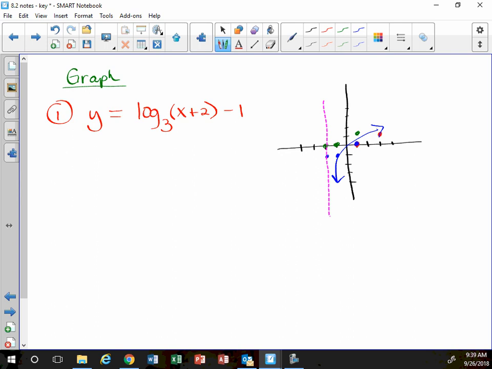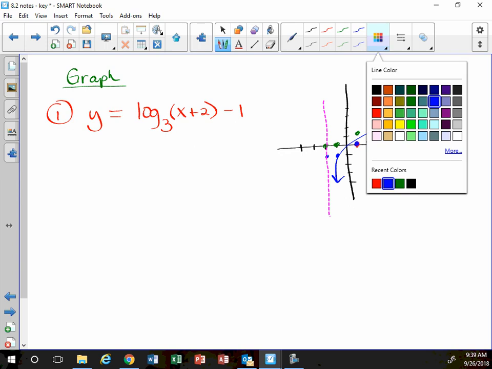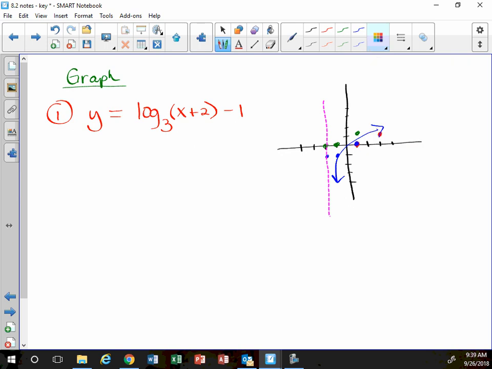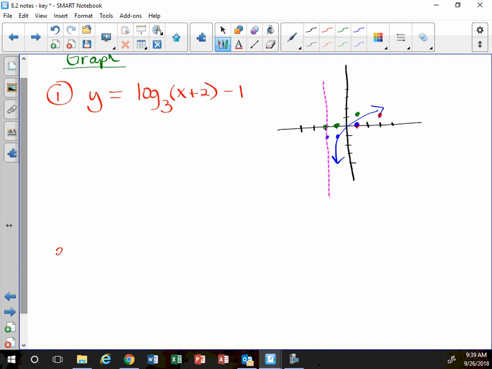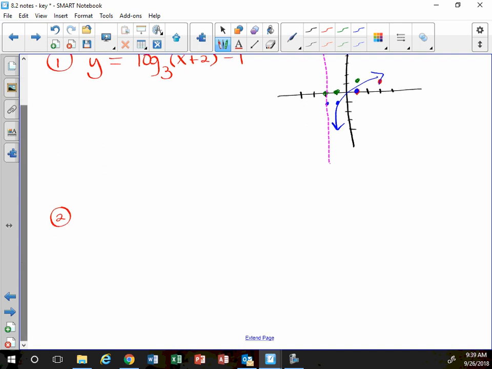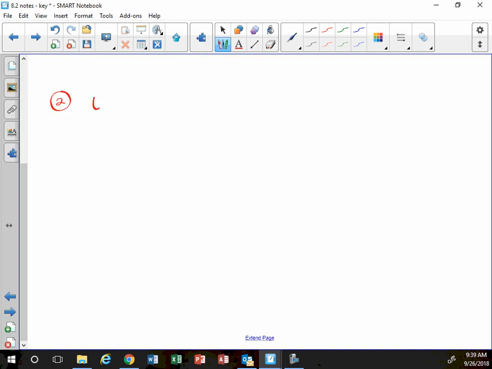Yes? Okay. All right, I'm going to switch back to exponentials to see if you can switch in your brain. So let's do negative 4 to the x plus 3, minus 2. I gotta think about what that's called.